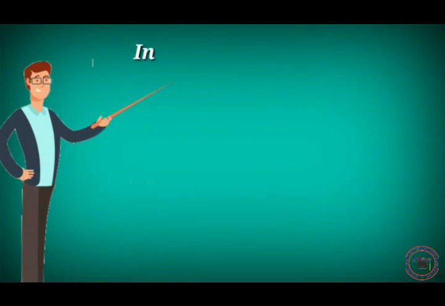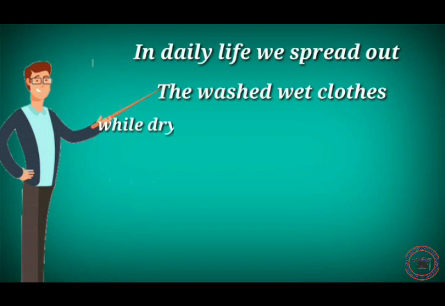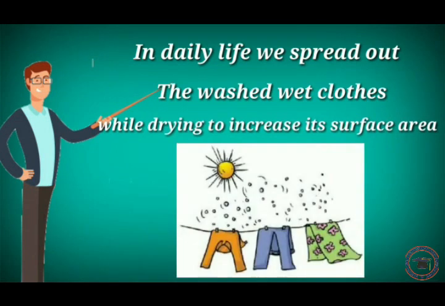In our daily life, we spread out washed wet clothes while drying to increase their surface area for the rapid evaporation of water present in them, which leads to quicker drying of the clothes.